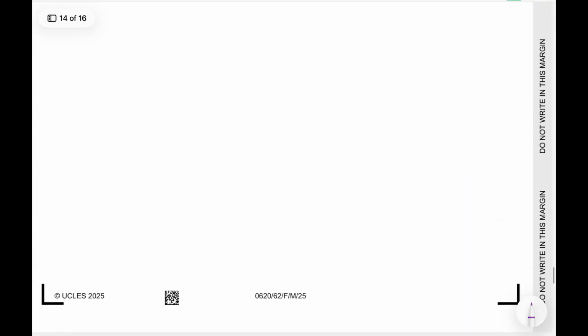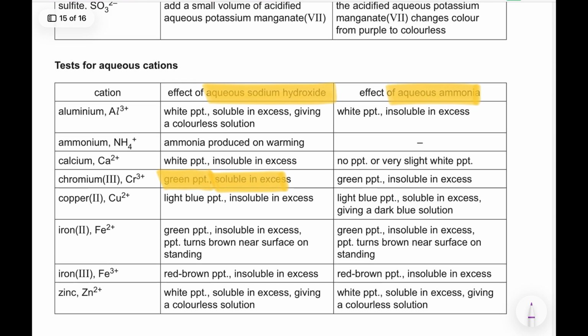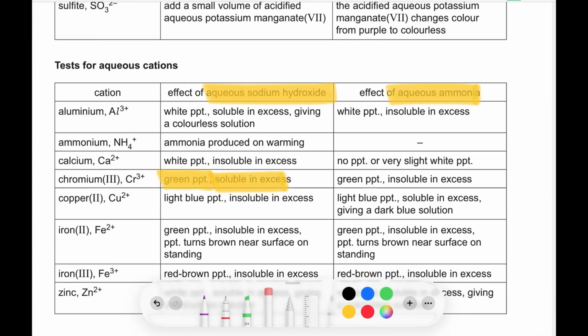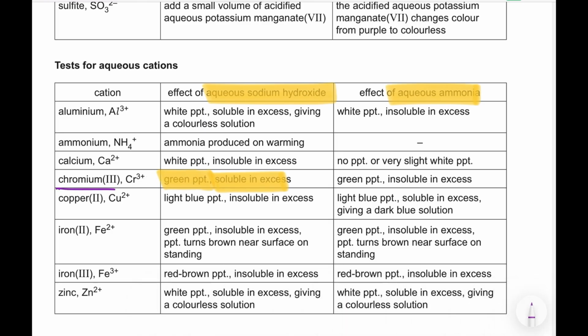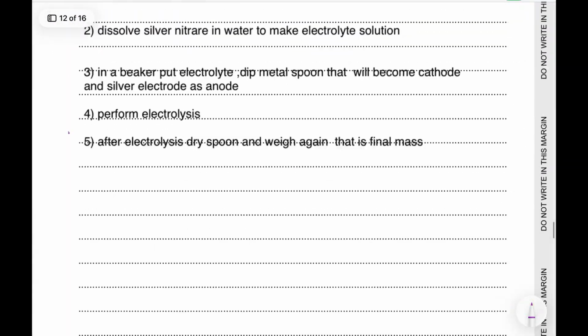Okay, you can see here that we have chromium, and when sodium hydroxide is added to it, we get a green ppt, which is soluble in excess. So that is what we are going to write as it is.